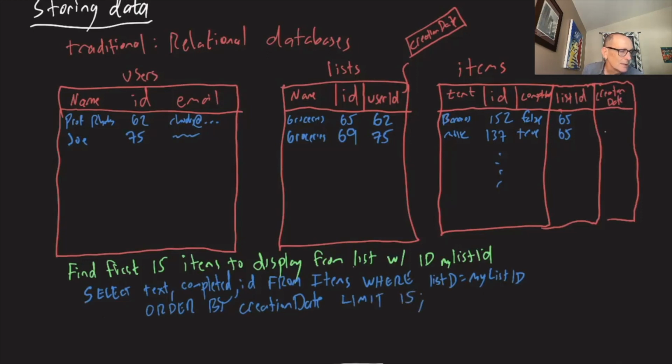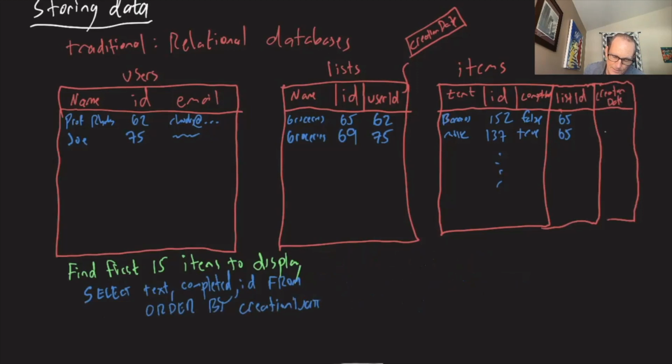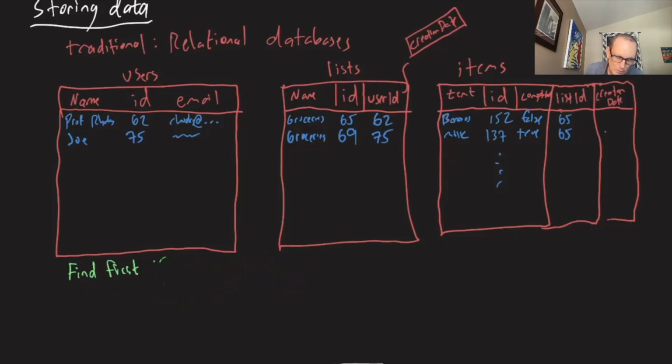Now let's look at something that's a little more complicated. Let's say that we want to find all the items for all of a particular user's lists. This is going to be a little more complicated because we're going to actually need to use more than one table to do this query.